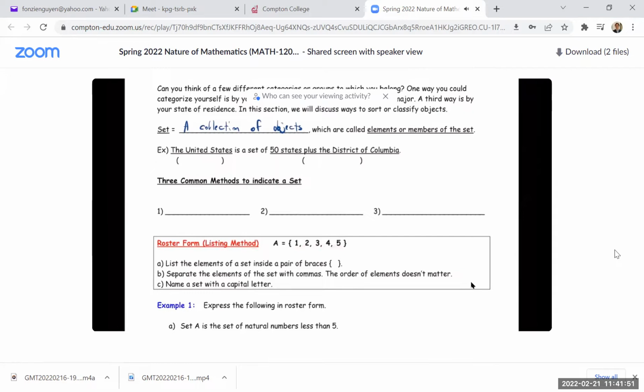I'll name it here. So this is the listing or roster form, as they call it. It's basically when you just list out the individual elements like that.